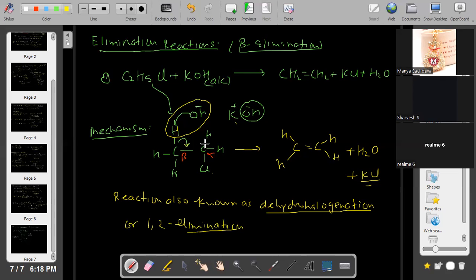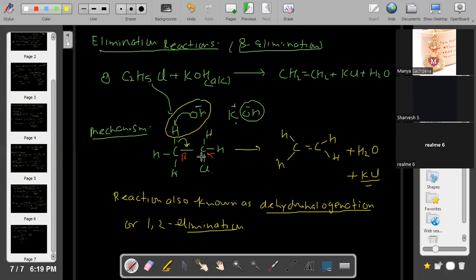Here hydrogen moves out and the halogen, that is one-two elimination, or you can say alpha and beta. From the beta carbon, hydrogen comes out with OH, that is the base, so it gives a water molecule, so it's called beta elimination. But both elements will not come out from one carbon atom. Never think that this hydrogen and this halogen from one carbon are involved. Always hydrogen will come out from the beta carbon and the halogen or any other group present here will come out from the alpha carbon atom.